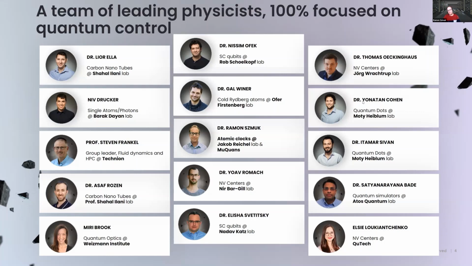Some people in the company have a background in superconducting qubits or quantum dots, NV centers. And as you will understand as we advance, our control system is agnostic to the type of qubit, and so that's why we've assembled a team of people with a variety of experience in different kinds of quantum processors.